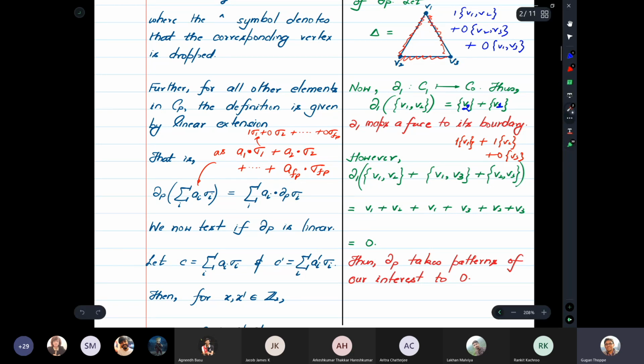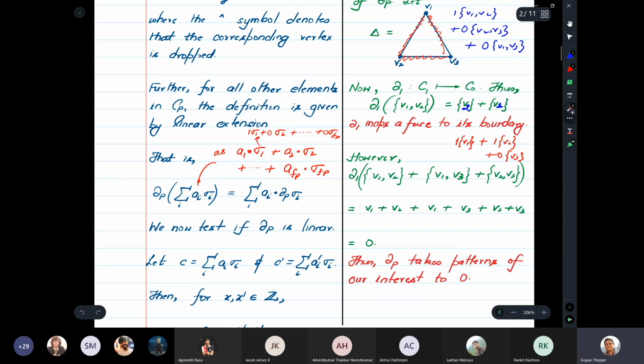And it is interesting to note that this DABA 1 operator takes such a one chain and maps it to 0. So you can think of this as one of the key reasons for defining DABA 1 in this fashion, in that it takes patterns of our interest to 0.